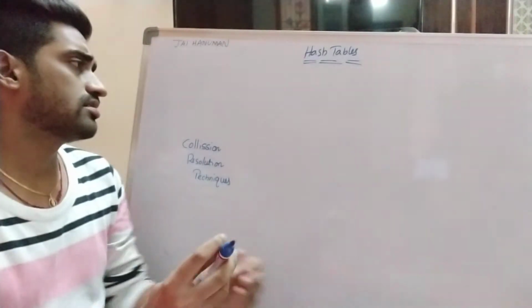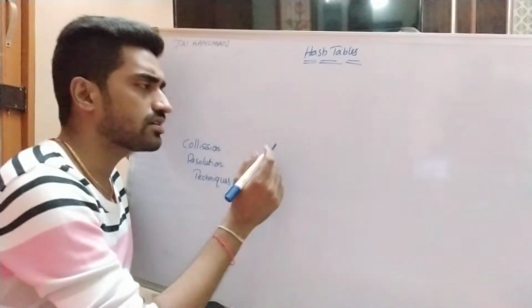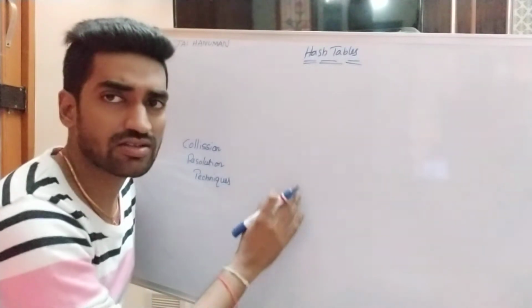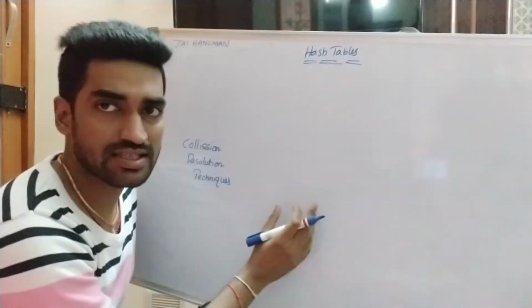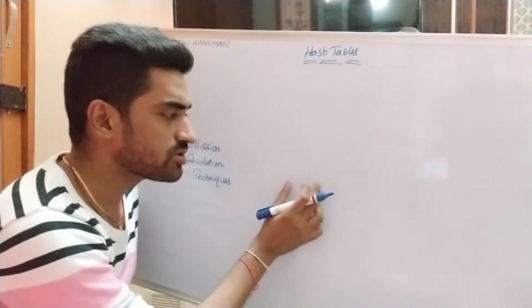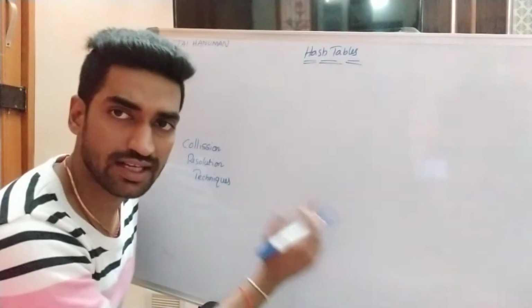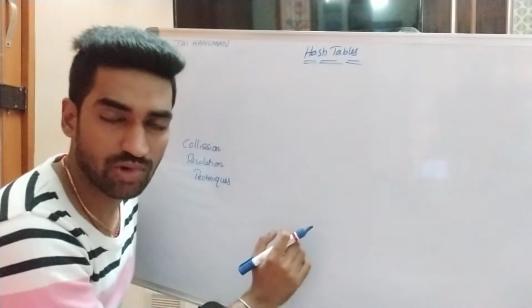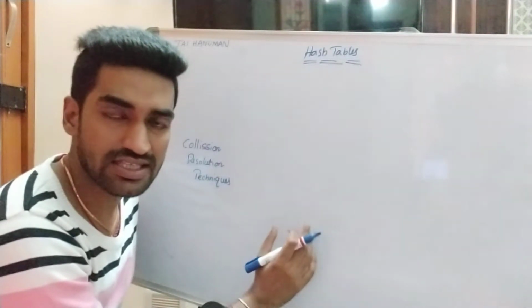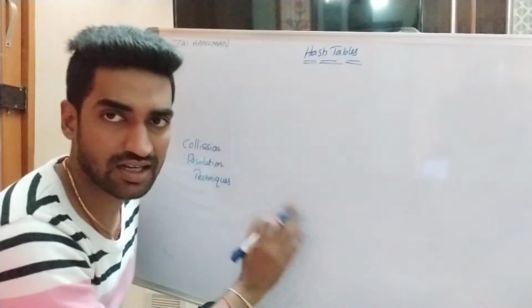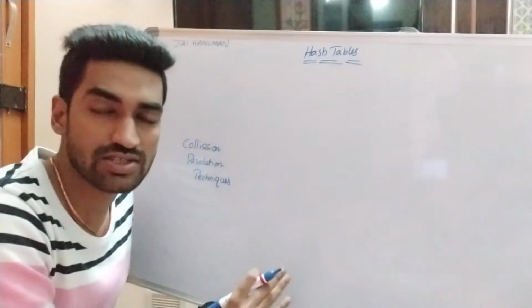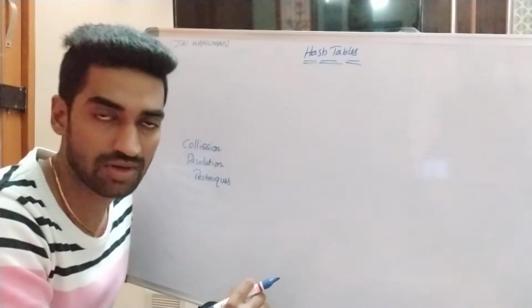So what is the major drawback of hashing? At the time of performing a hashing operation, in some cases the same position in the hash table is occupied by more than one key element. In such cases, a problem occurs. That problem is called the collision problem.